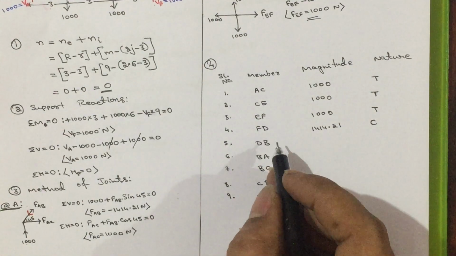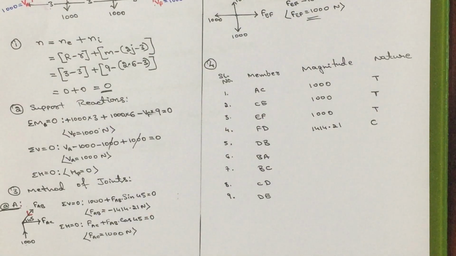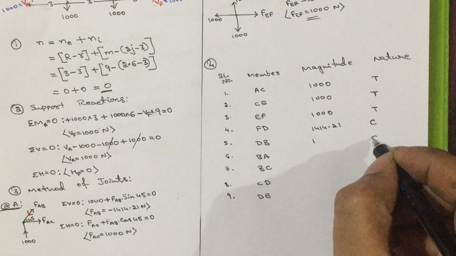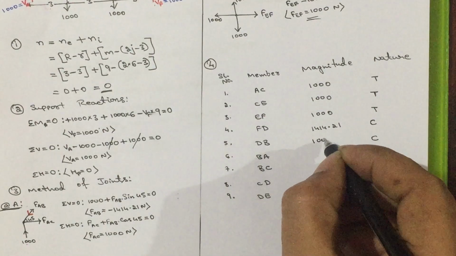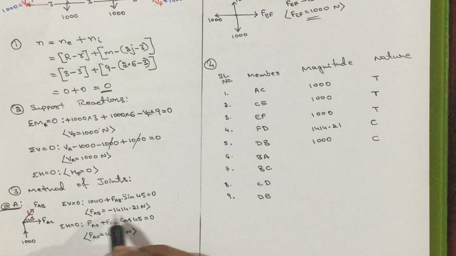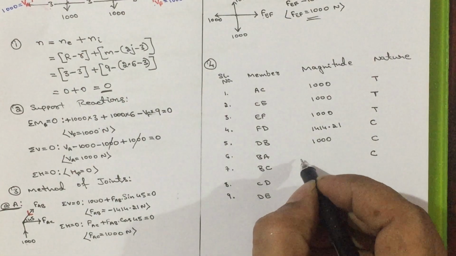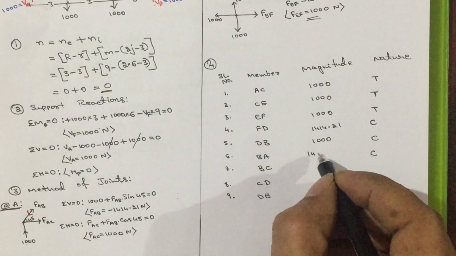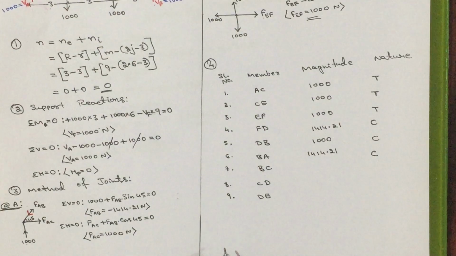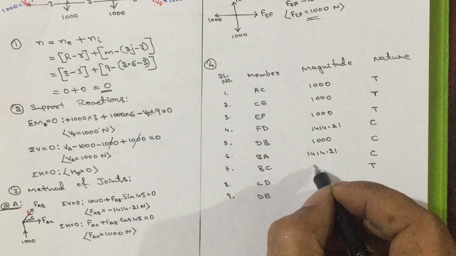Then DB, DB how much we got? DB or BD, we got it as minus 1000, the minus sign indicates compression, so the value is 1000. Then BA or AB we got it as minus value, so it is in compression and the value is 1414.21. Then BC we got it as plus 1000, so it is in tension.